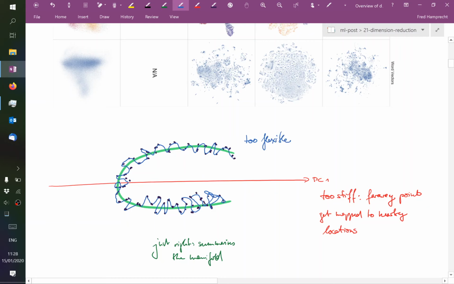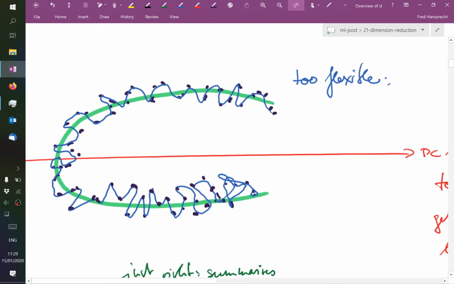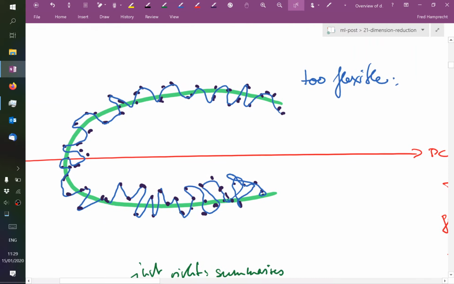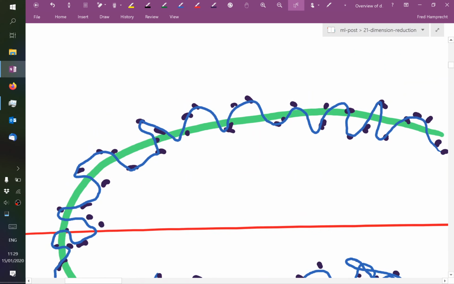And what happens with too flexible is that sometimes points which are close by get mapped to relatively far away locations. So let's say, consider, for example, these 2 points here.